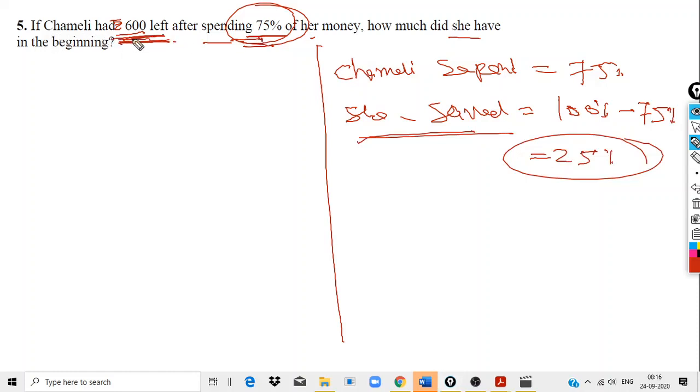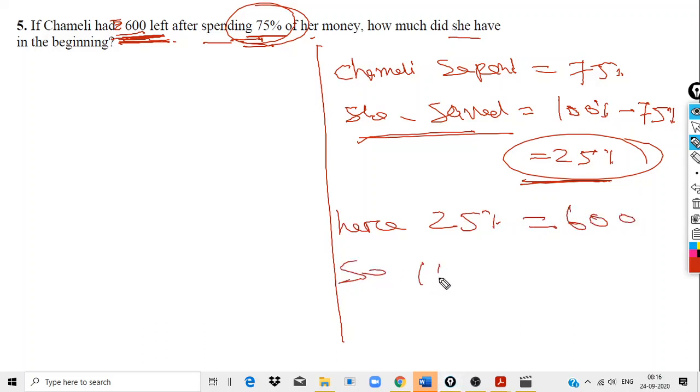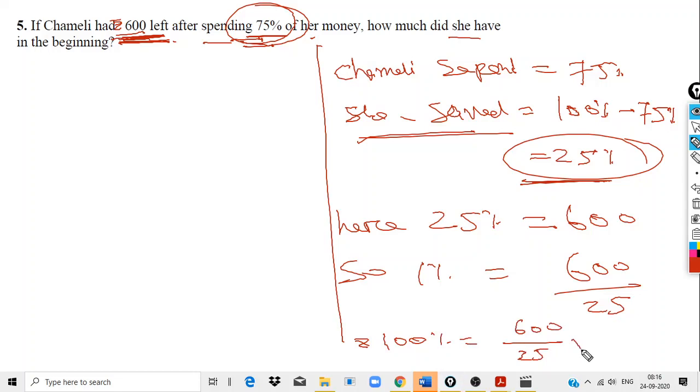That means she had saved this 600 and the saving percentage is 25%. Here 25% is equal to 600. So 1% will be equal to 600 by 25 and 100% will be equal to 600 by 25 into 100.